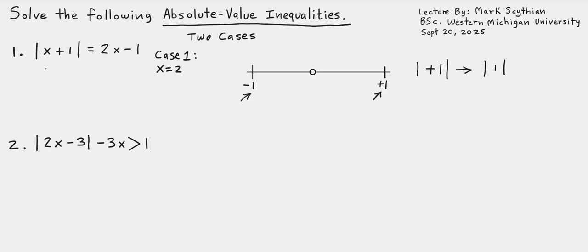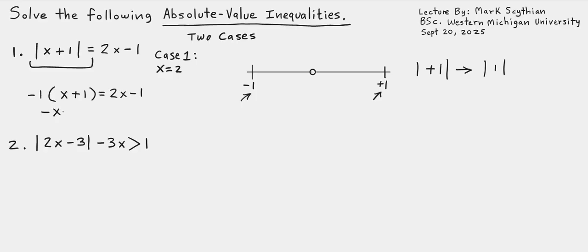Now take the absolute value expression here for case 2 and simply multiply negative 1 times that contained quantity expression, and make it equal to 2x minus 1. When we simplify the left side, it is negative x.